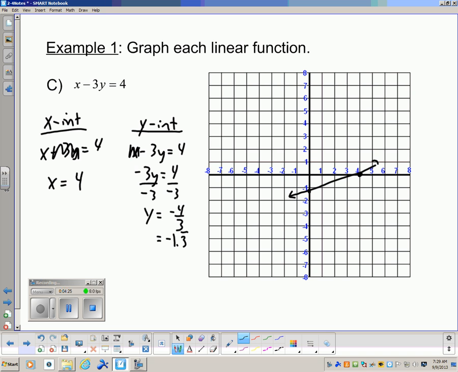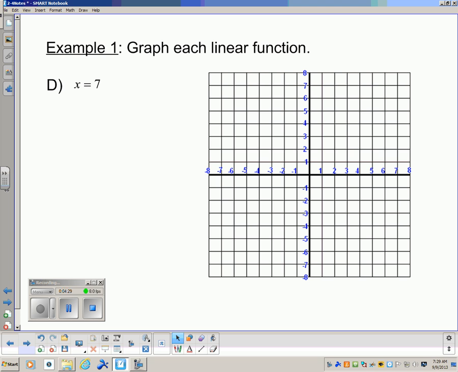So again, you get to choose which one you like. So our next one there is x equals 7. This one here, you're just going to have to recognize that when you've got just an x equals a number or a constant, this is a vertical line.